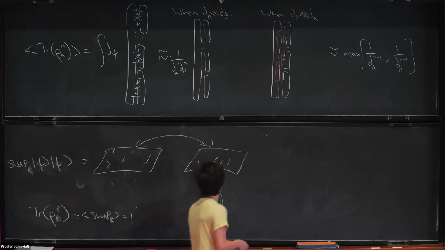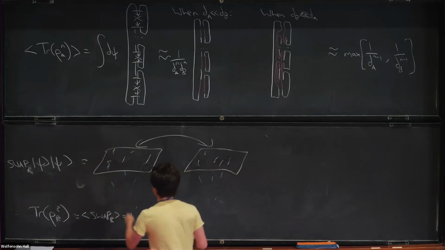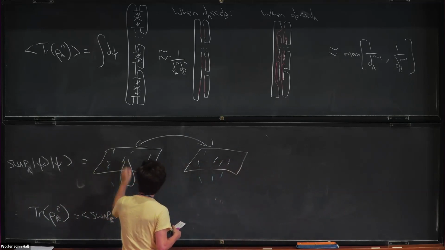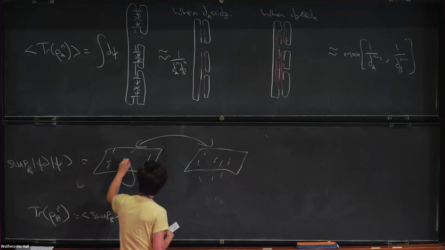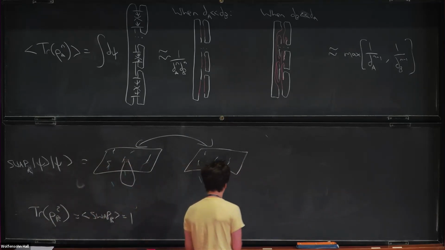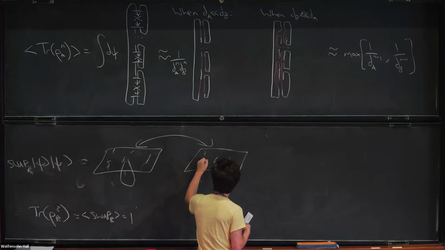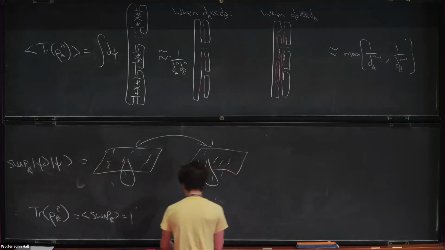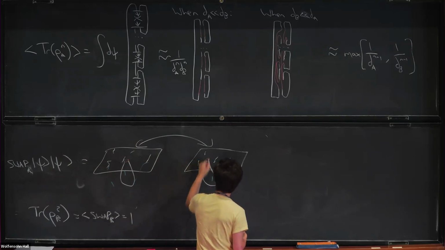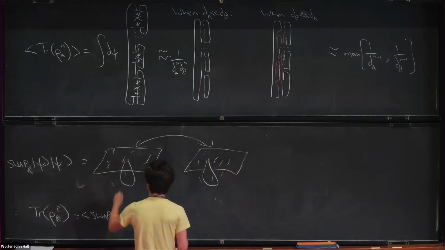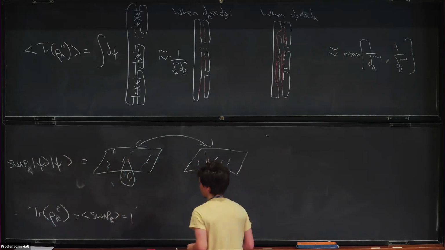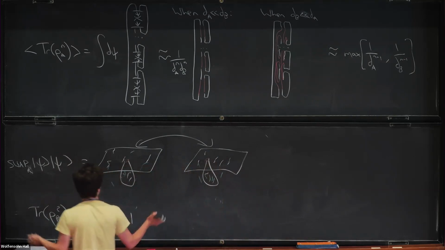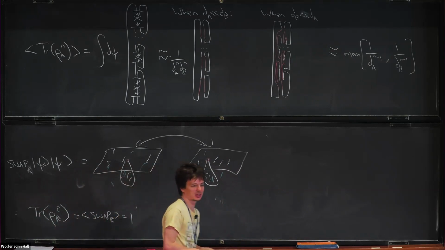So let's change this diagram so that now the black hole is small, but it's still there. Now let's do the same thing where we swap over this radiation.